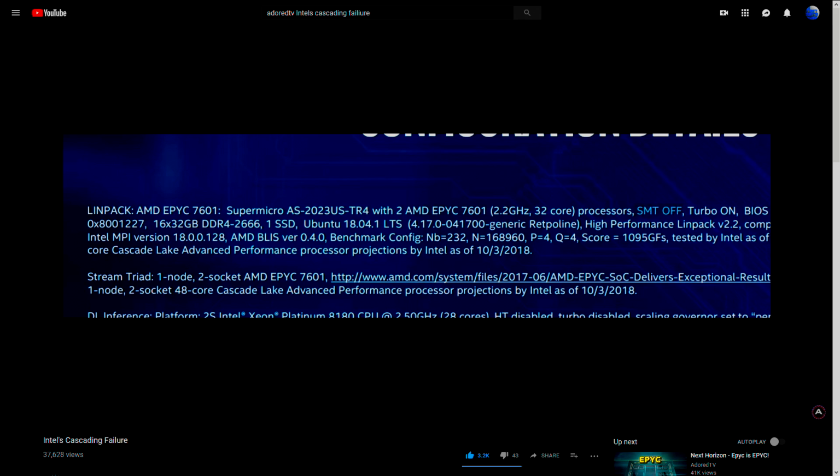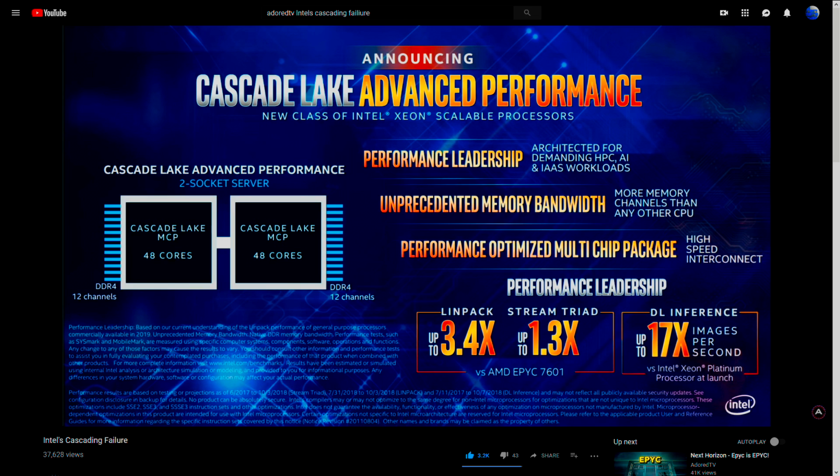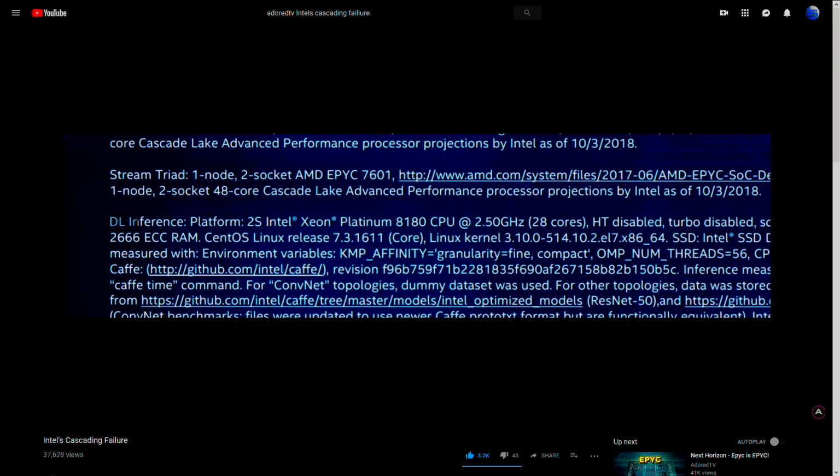Now, to be fair though, Linpack should be benchmarked without hyperthreading, and that's what they've done. It's just a little bit curious that they decided to show the Linpack result in this particular case. Now, what about this DL inference? And once again, we see a 2-socket Intel Xeon Platinum 8180 CPU with hyperthreading disabled.